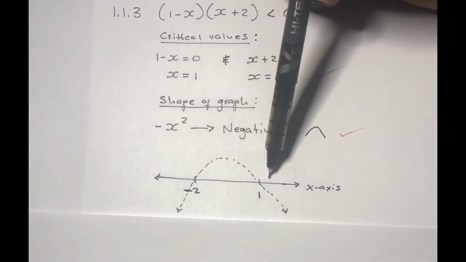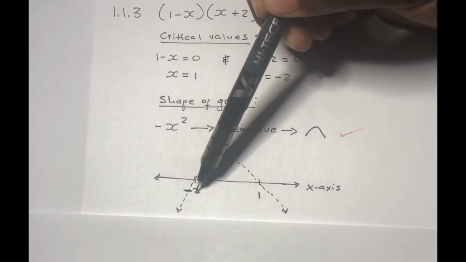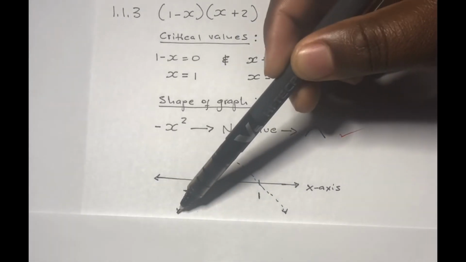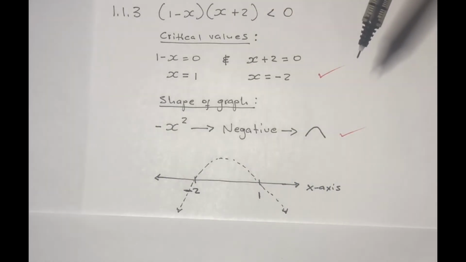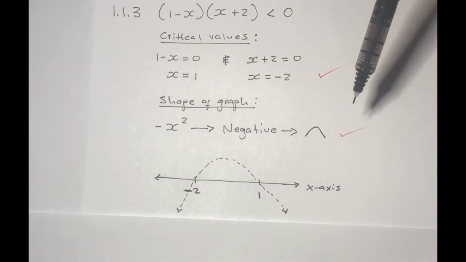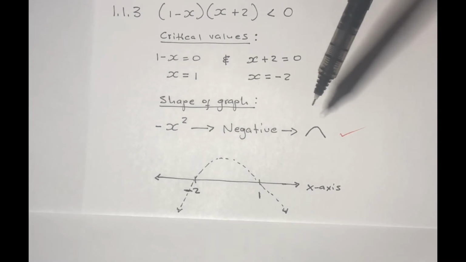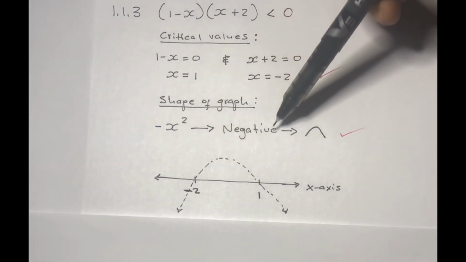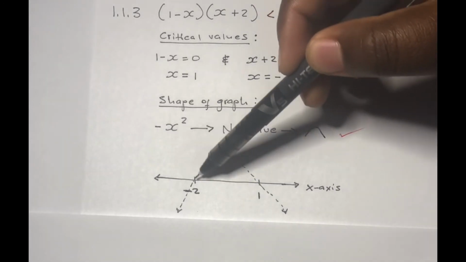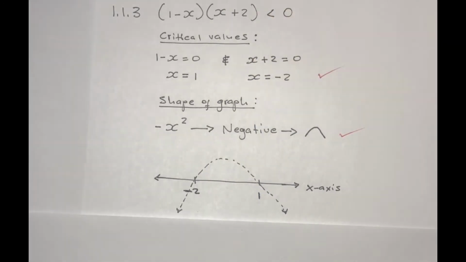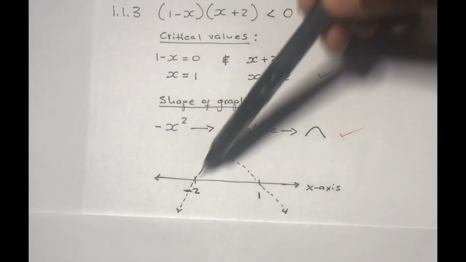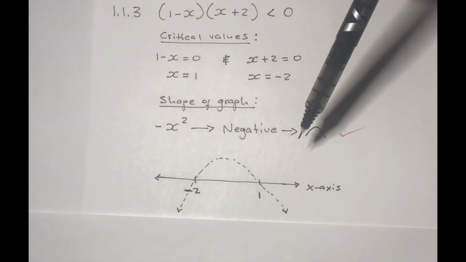So on your x-axis, you've got -2, you've got +1, and you draw the shape of your graph. And remember, if the shape of your graph was positive, then you're going to have a shape almost the same as this. But in this case, we've got a negative a. So this is how the shape of our graph looks like.